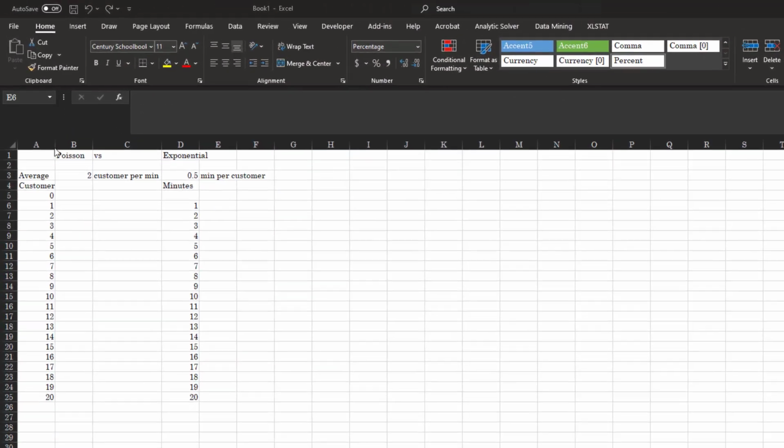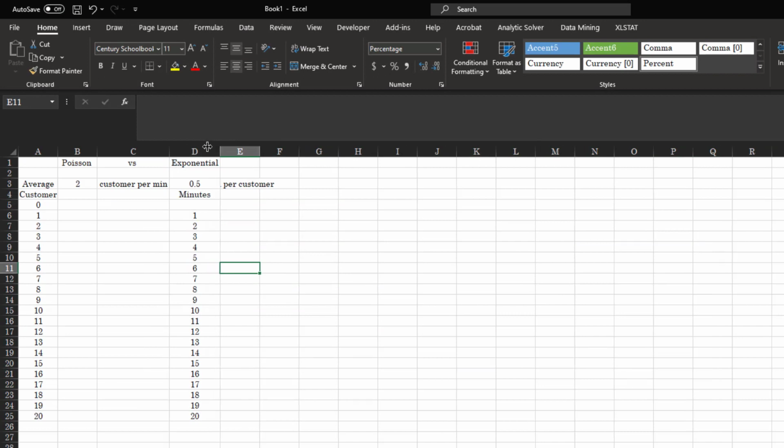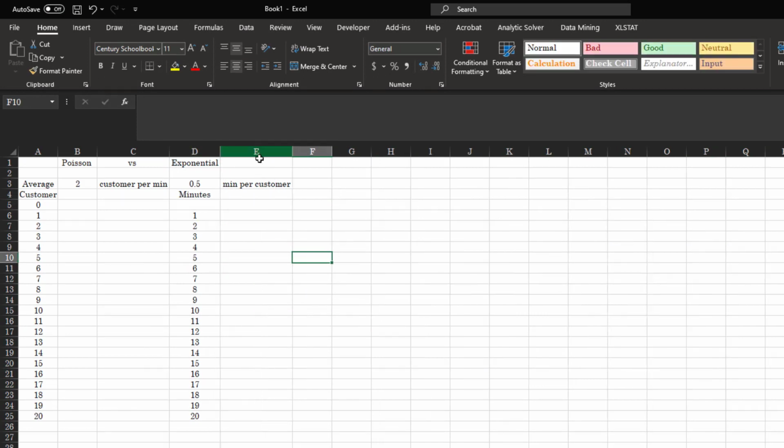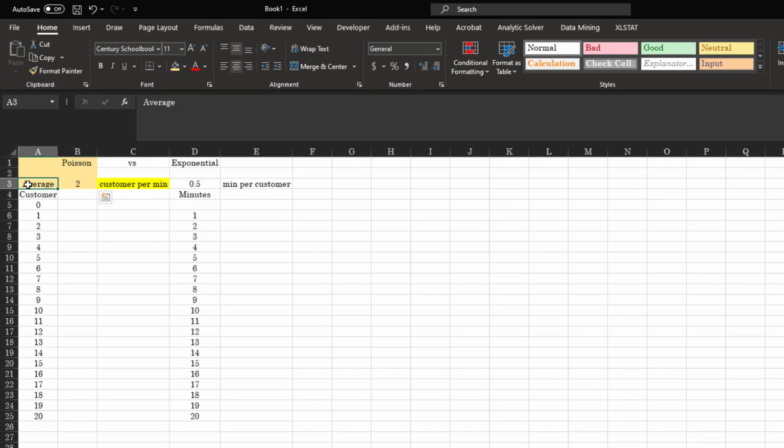So let's compare Poisson distribution with exponential distribution. If you look at Poisson distribution, we are given this input. The average here is given as 2 customers per minute. Let's say we are looking at arrival rate. 2 customers per minute are coming into your shop on average.